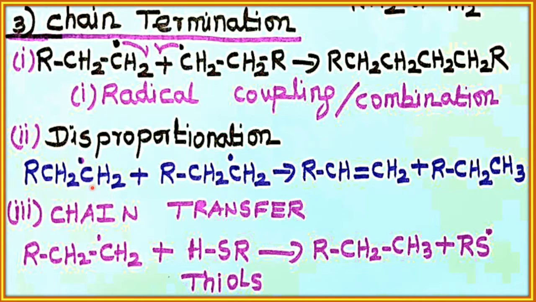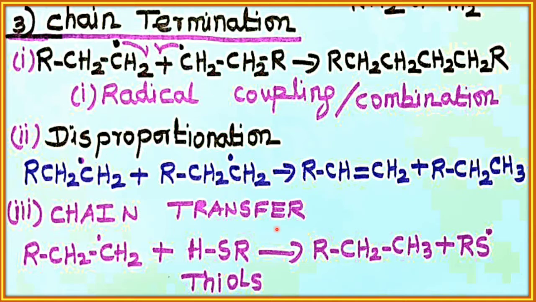For example, in disproportionation reaction, one hydrogen atom is migrated or shifted from here to here. Therefore, RCH2 and RCH2CH3 products are formed.